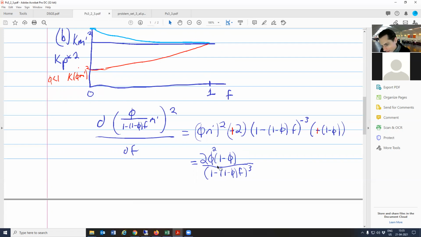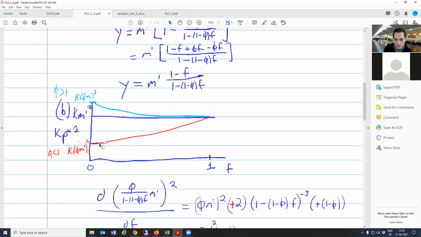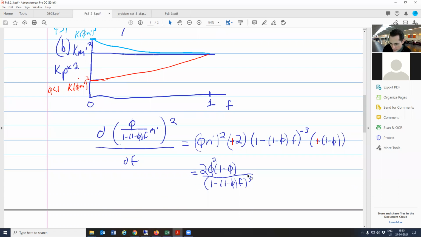And then what else do I have to say here? I guess I probably should have taken a second derivative here to get whether it's concave or convex. But in any case, if you do it, you're going to find that up here it is convex, and this one looks like it's also convex, actually. So both give you a positive sign. Does that make sense?